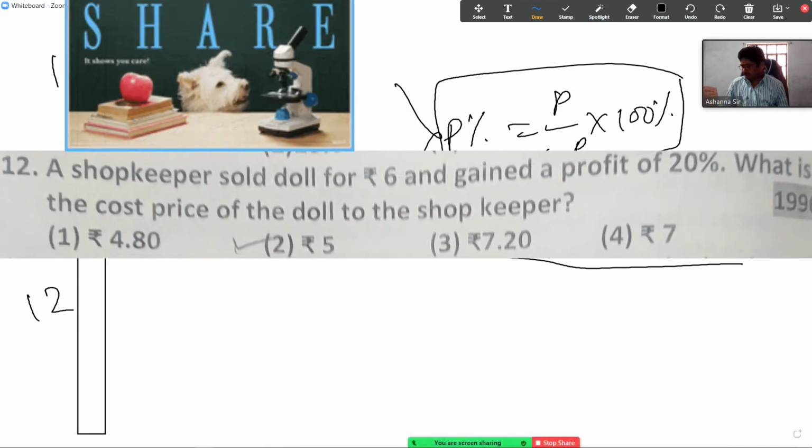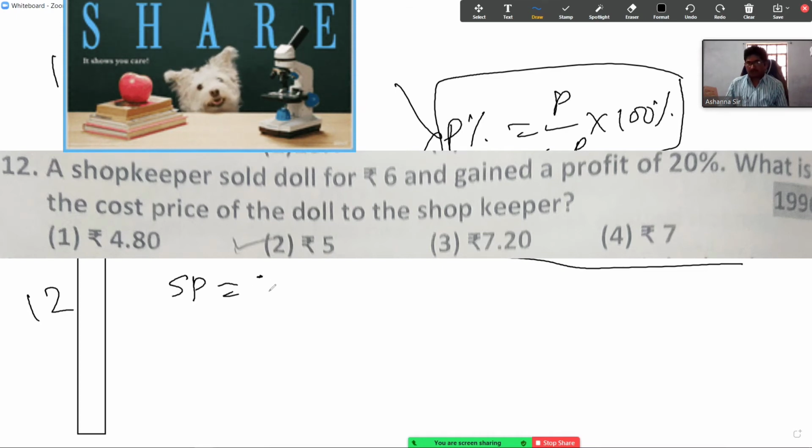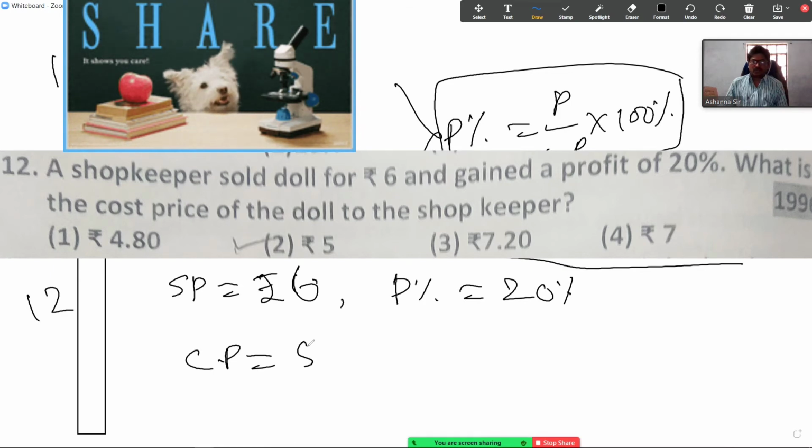Next, 12th one. A shopkeeper sold dolls for 6 rupees and gained a profit of 20%. What is the cost price of the doll to the shopkeeper? Selling price is given, 6 rupees, and profit percent is also given, 20%. Here we have to find the cost price. Cost price is equal to selling price into 100 by 100 plus profit percentage.